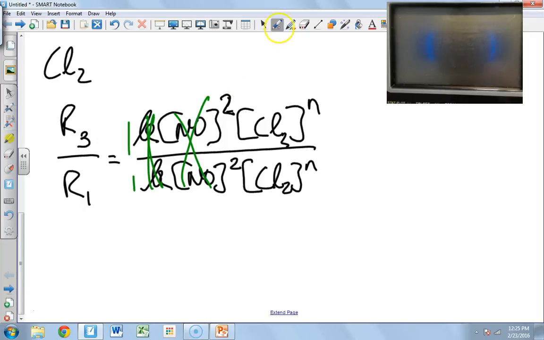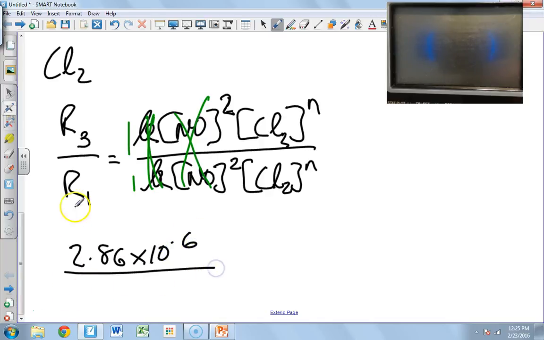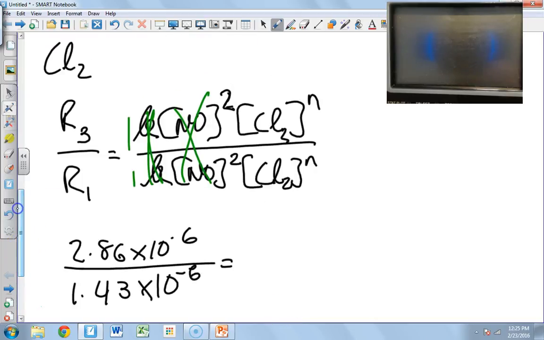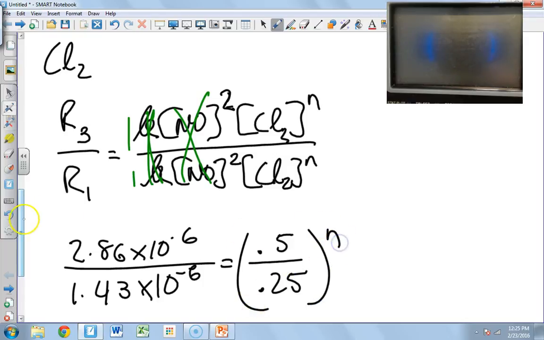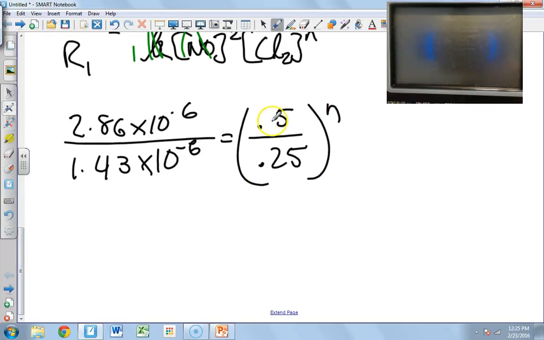So now we get the R3, which was 2.86 times 10 to the minus 6, over R1, 1.43 times 10 to the minus 6, equals, let's see, the concentration of Cl2 for that one was 0.5, over 0.25 raised to the N. And so now at this point we math it. Okay, 2 equals 2 to the N, so N equals 1.